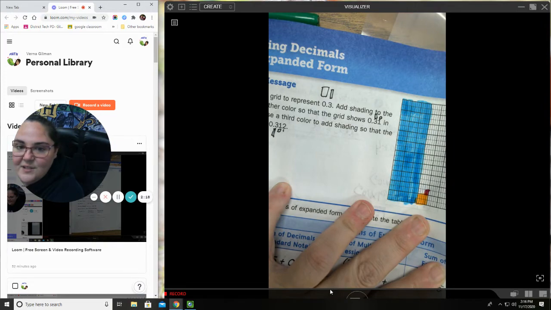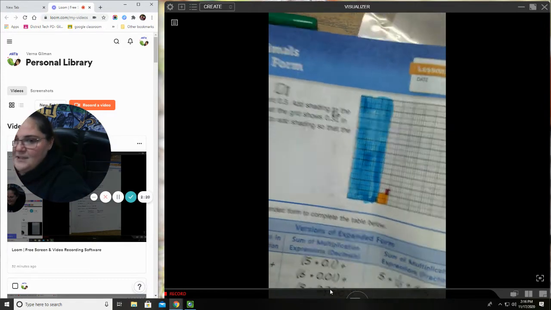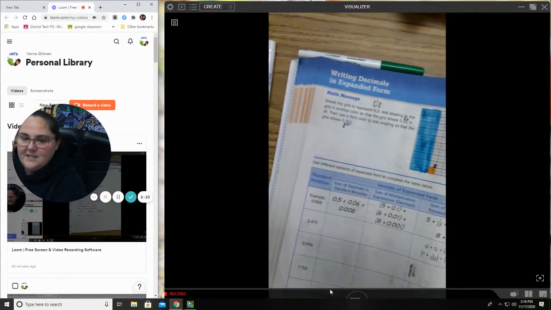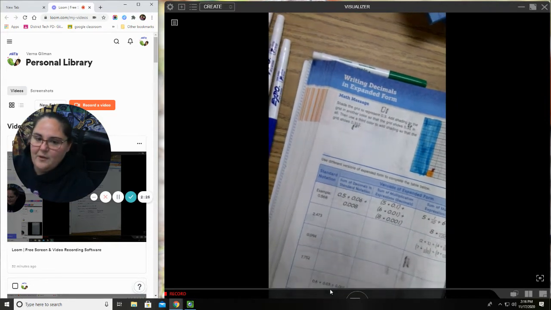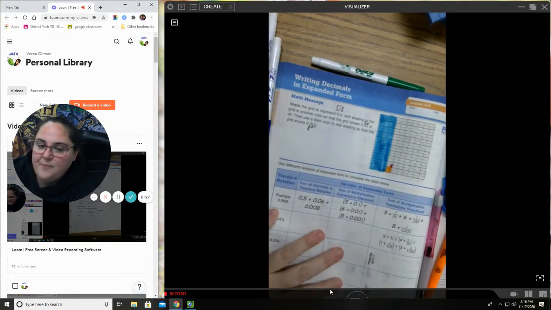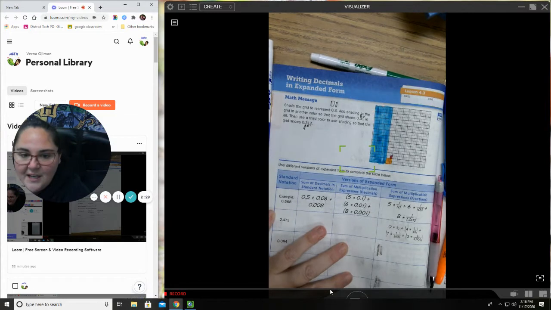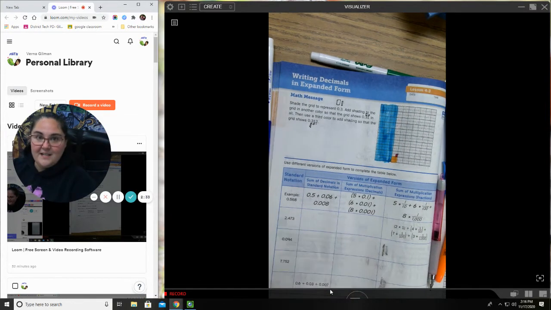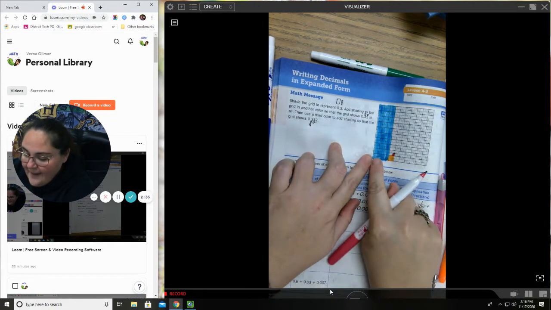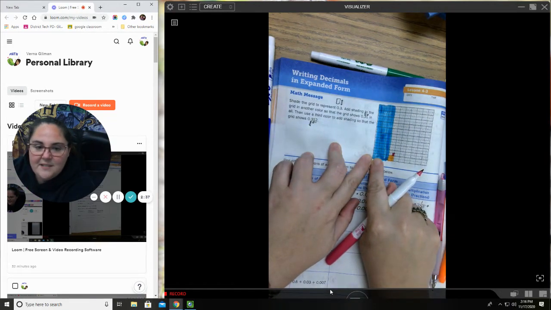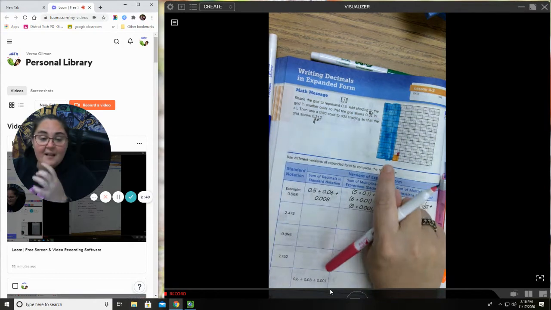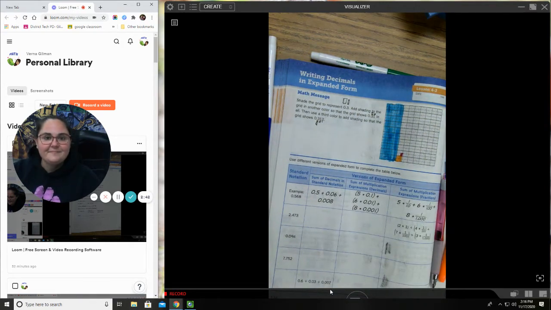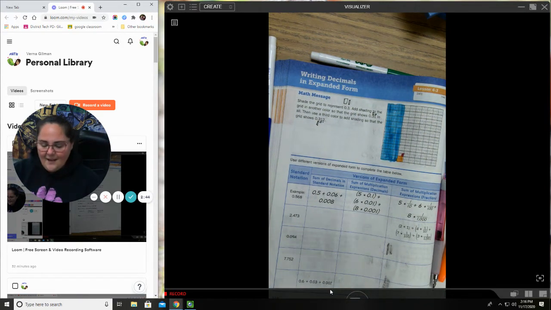All right. So now, if you look at this number, and I zoomed in because I know that was a little difficult to see sometimes, especially with those bigger numbers up close. Now, if you look at my picture, you can see that I shaded exactly 312 thousandths. That means if I look at all these itty bitty thousandths pieces and I count them, there will be 312. Awesome. That's how we shade.